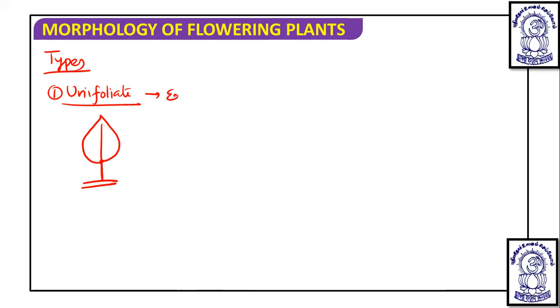Then the examples of unifoliate are citrus plants, and citrus plants are lemon and orange. In citrus, one more thing you will see, that is a small wing-like dissected portion. So we can say this is a winged petiole.